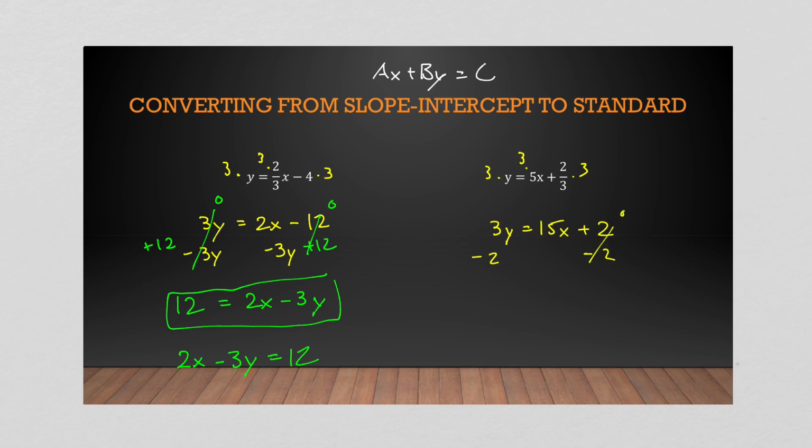So now 3y minus 2 equals 15x. And then I will minus 3y, 0 minus 3y. So negative 2 equals 15x minus 3y, which is exactly the same as 15x minus 3y equals negative 2. And we're all good there because now we are in standard form. So algebra can come in handy there as well.